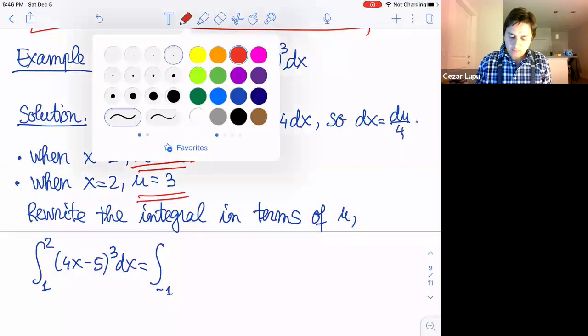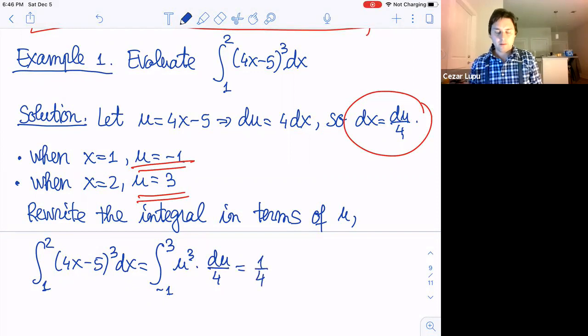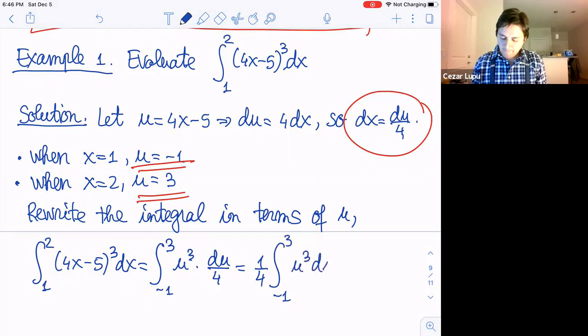So this would be the integral from negative 1 to 3 of u cubed. And now dx will be, look at this here, du over 4. And we're going to take 1/4 outside. So this would be the integral from negative 1 to 3 of u cubed du.